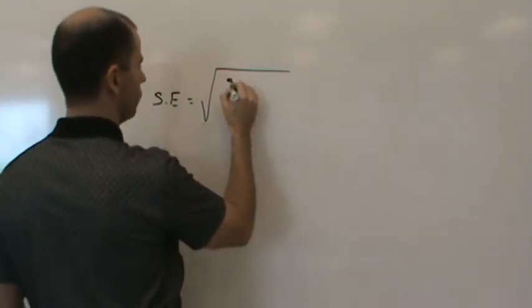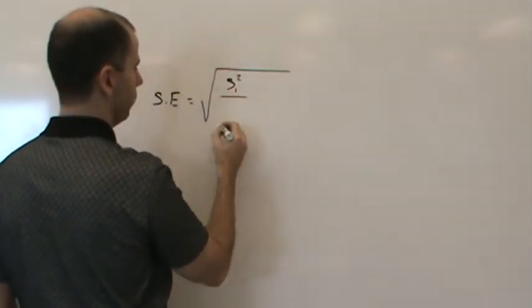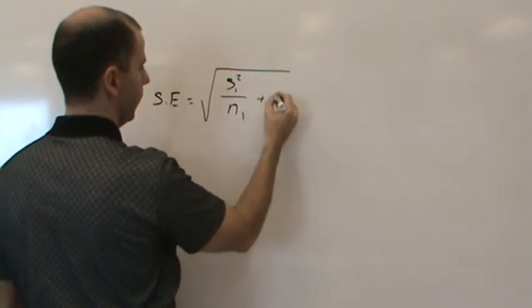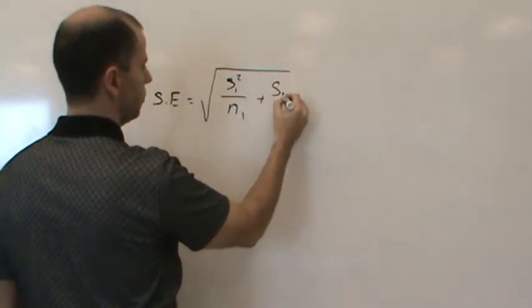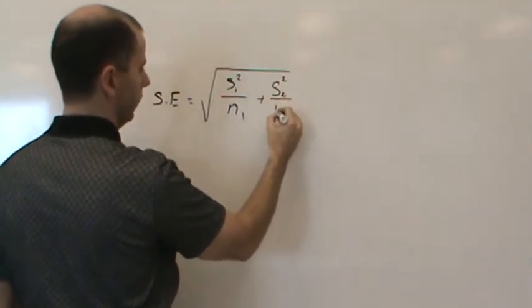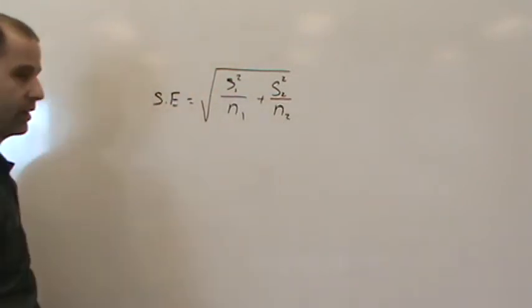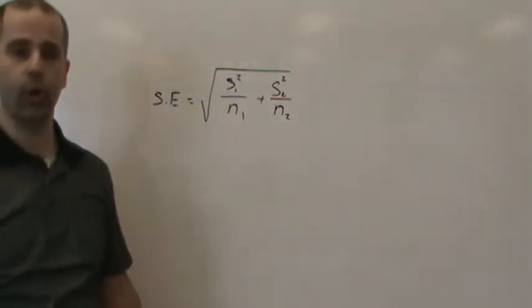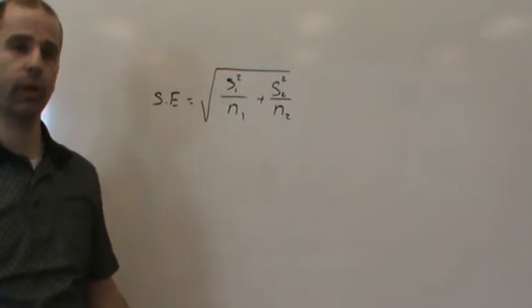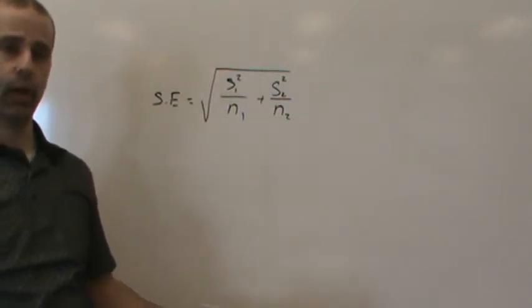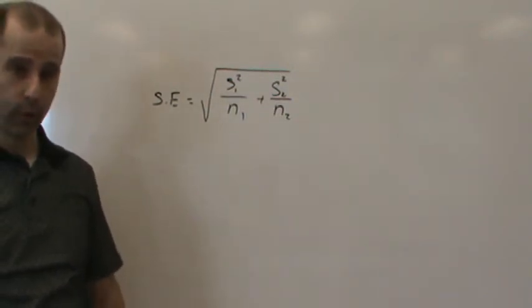So it's going to be s1 squared over n1 plus s2 squared over n2. That's the standard error, because we don't know sigma 1 or sigma 2, and that's the only difference.